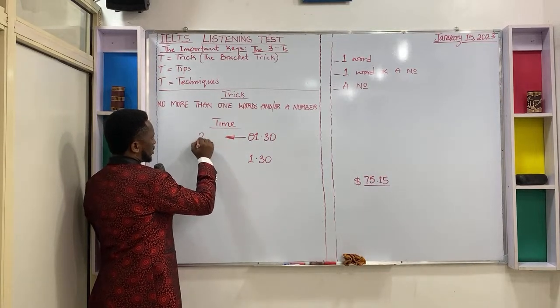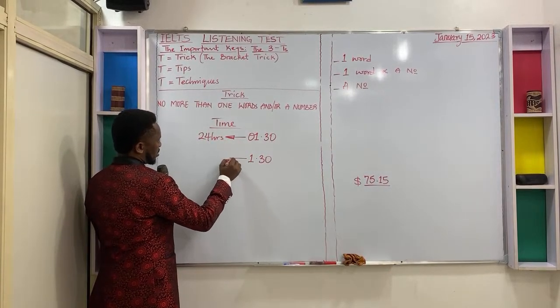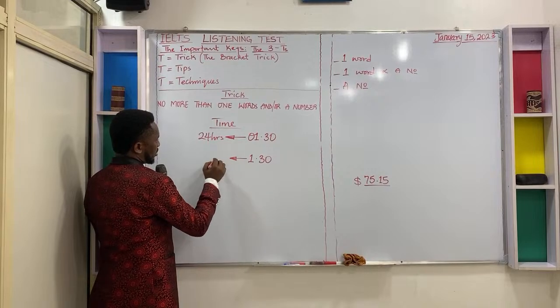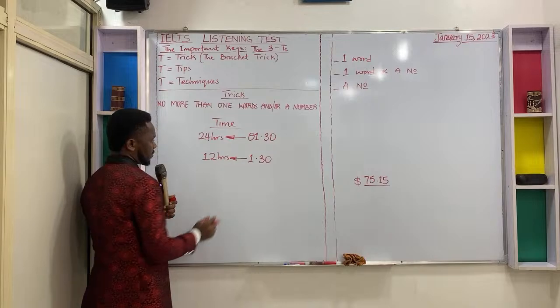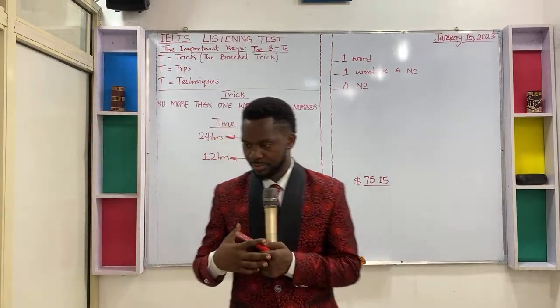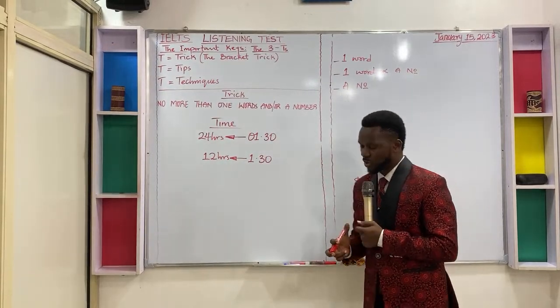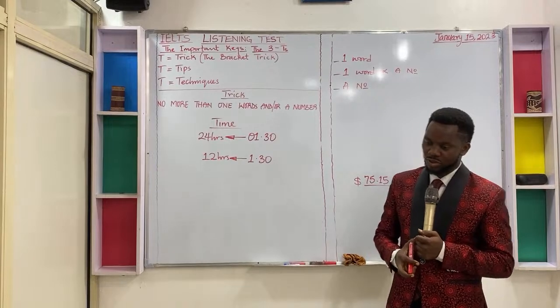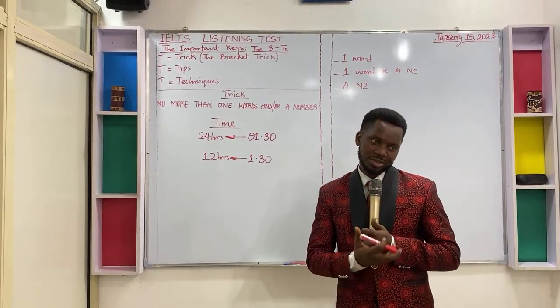This is for 24 hours clocking. This is for 12 hours. Do we understand this? So the 24 hours, of course, comes with double digits, right?